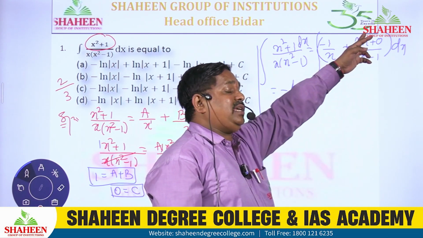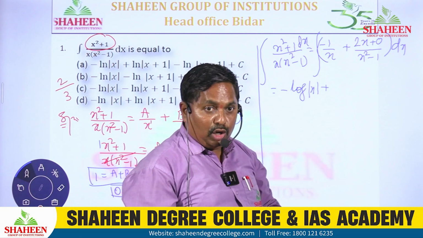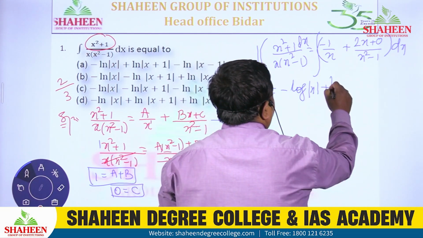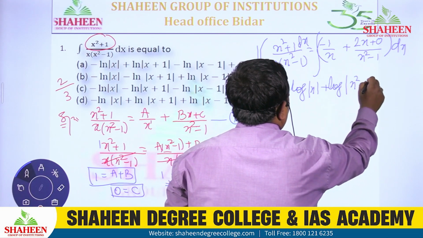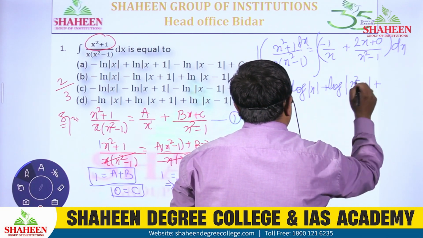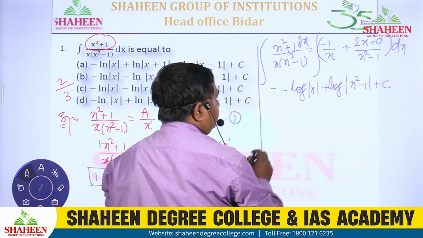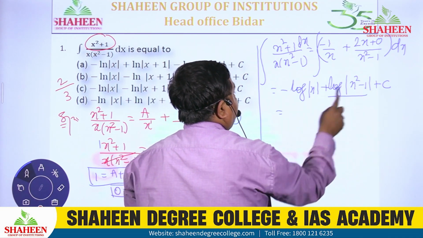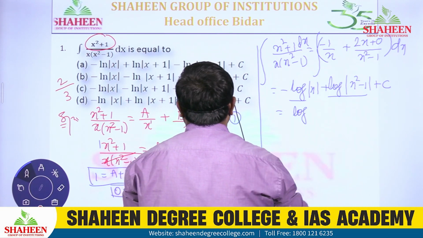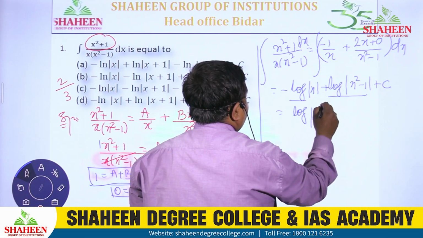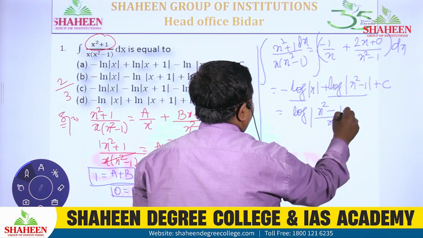Integration of f dash of x divided by f of x is log f of x. F of x is x square minus 1, plus c. And you know log p minus log q is log p by q. So that becomes log of x square minus 1 divided by x, plus c.